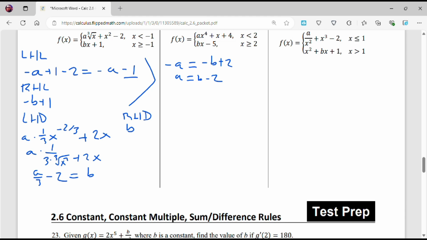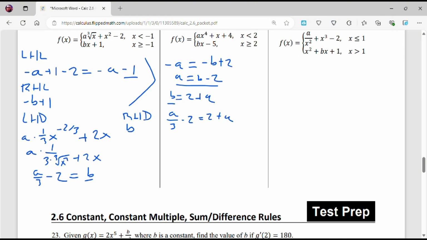Okay, so I actually solved for a when we were doing the left-hand limit and the right-hand limit, as you can see here. But I can simply solve for b by moving the 2 to the other side. Okay, so now we have two b's, right? Here and here. I'm going to plug in a/3 minus 2 equals 2 plus a.